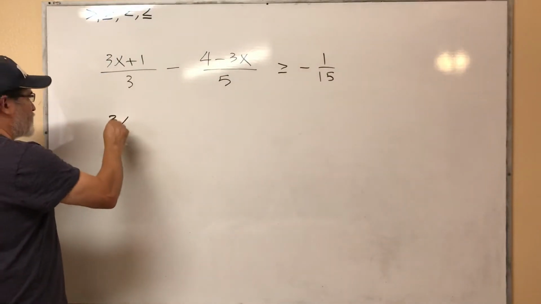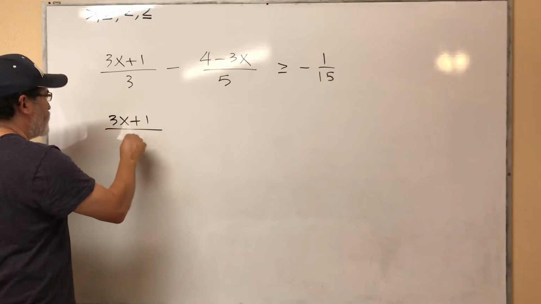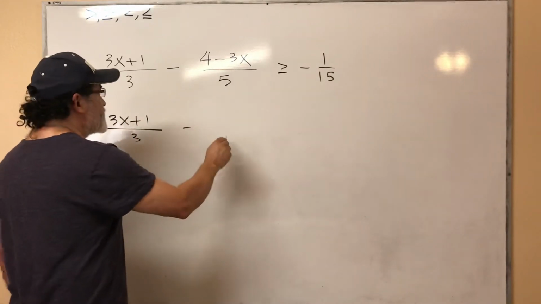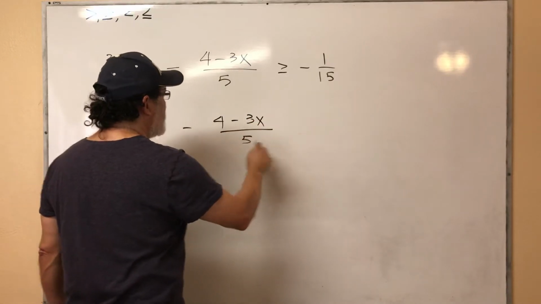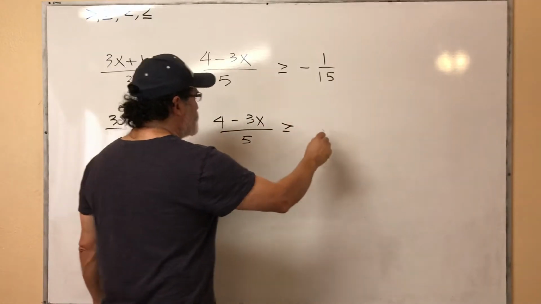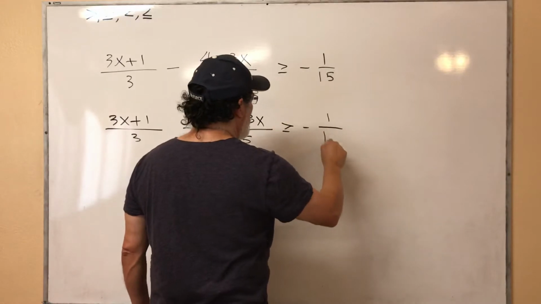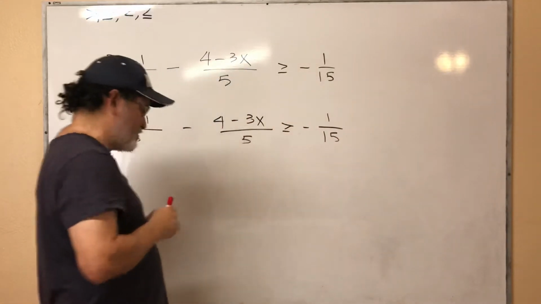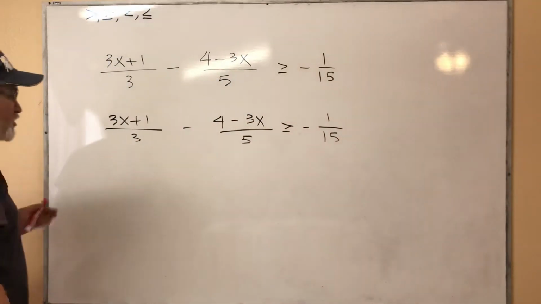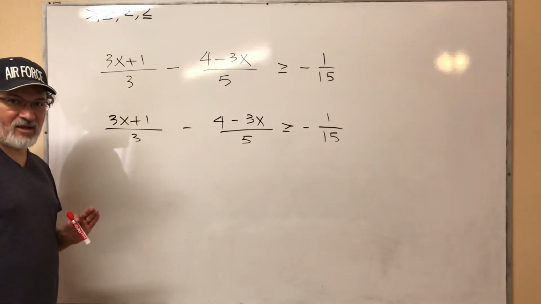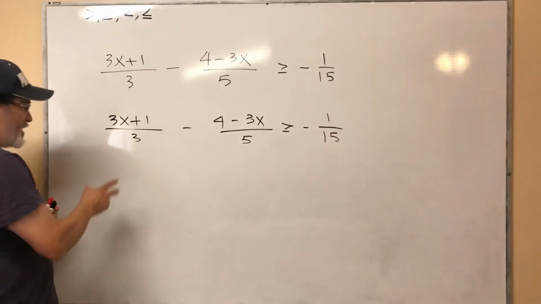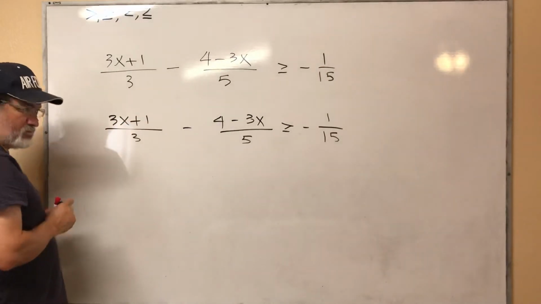So (3x + 1) over 3 minus (4 minus 3x) over 5 is greater than or equal to negative 1 over 15. Okay? Multiply everything by 15. I'm gonna multiply this numerator by 15.